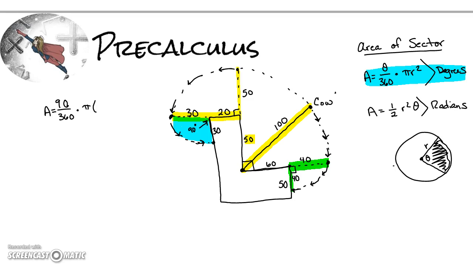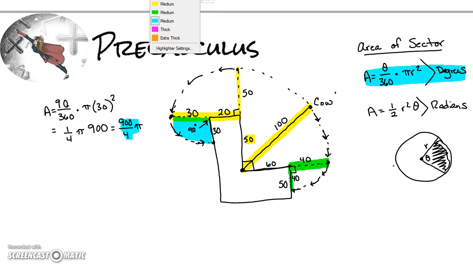Now in that little blue portion, the radius was 30 squared. So this will be 1/4 pi, and 30 squared is 900. So we're going to add all this up at the end anyway, so let's just say 900/4 pi. Okay, so that's for the blue. All right, now the next portion, how about if we do this part?